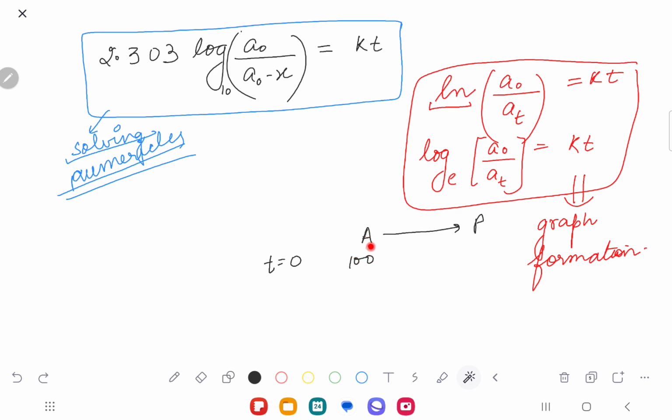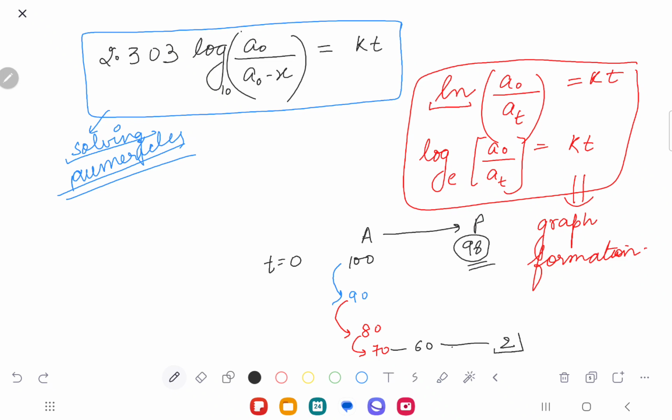Now, because there were a large number of collisions, as the time passes by, it becomes 90 molecules. As the time passes by even more, it becomes 80 molecules, then 70 molecules, then 60 molecules and so on. There must have been a time where the molecules would become just two, because the 98 would have been converted into products.